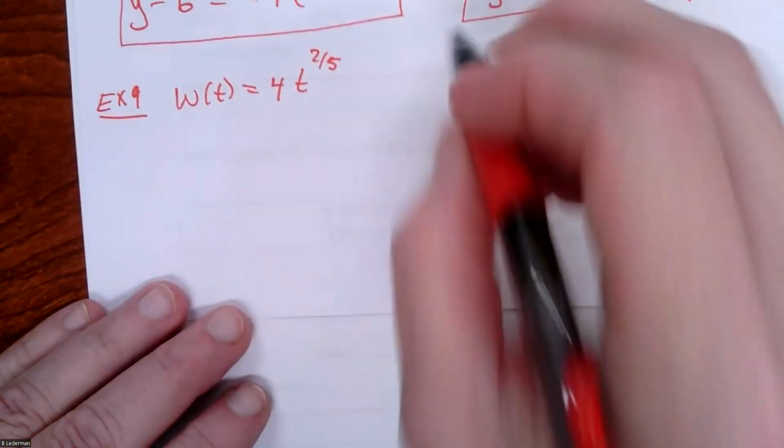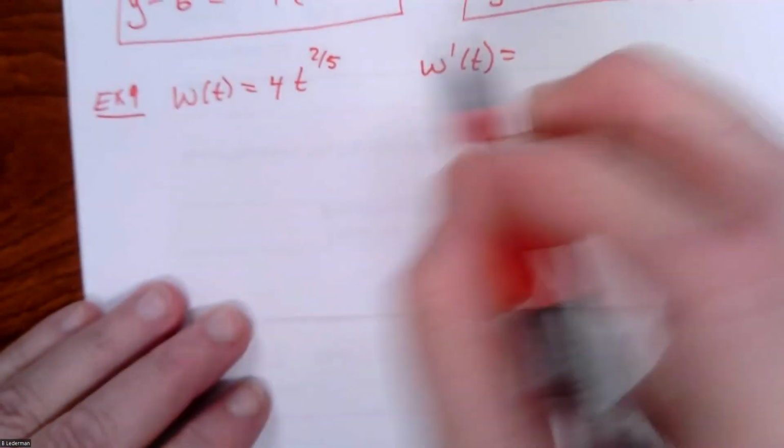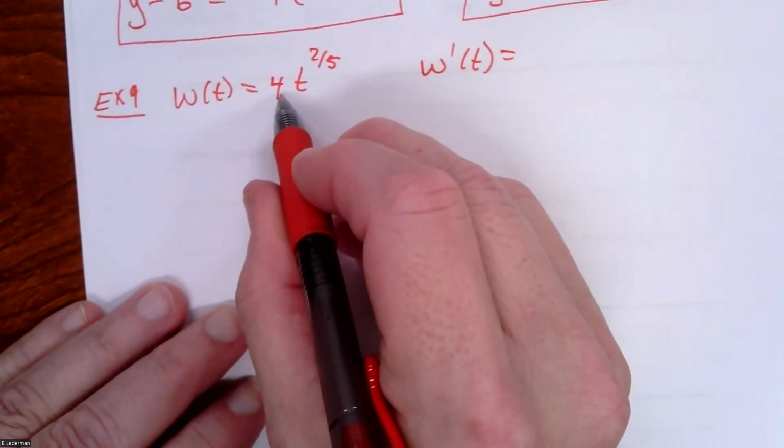So W prime of t is going to be 2/5 times 4, which is 8/5, t to the 2/5 minus 1 power, and that's 8/5 times t to the negative 3/5 power.